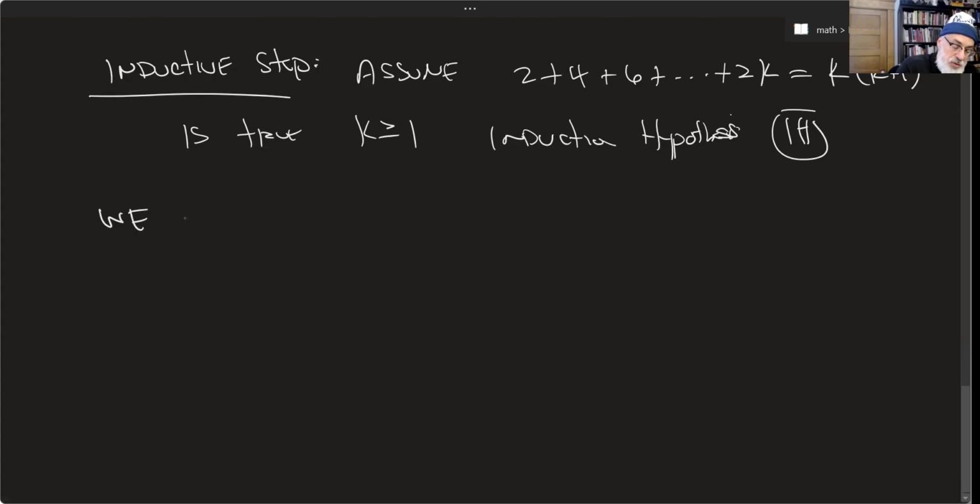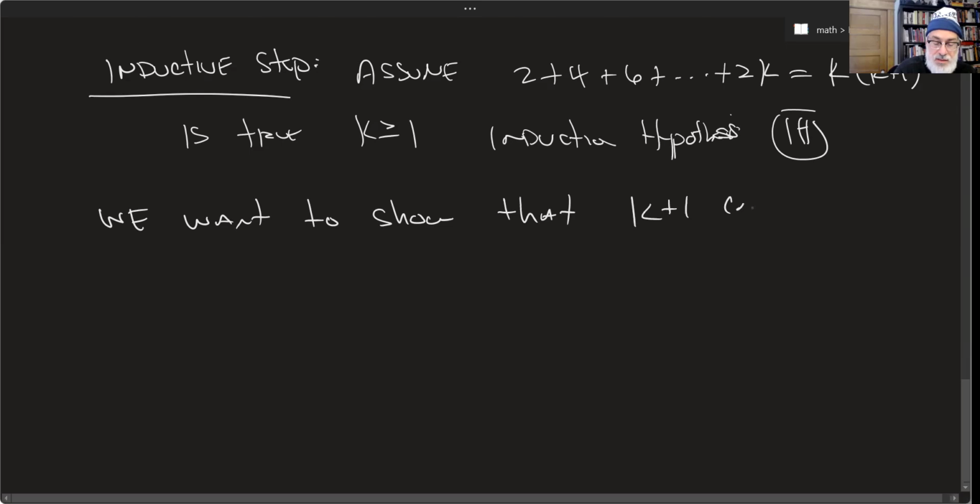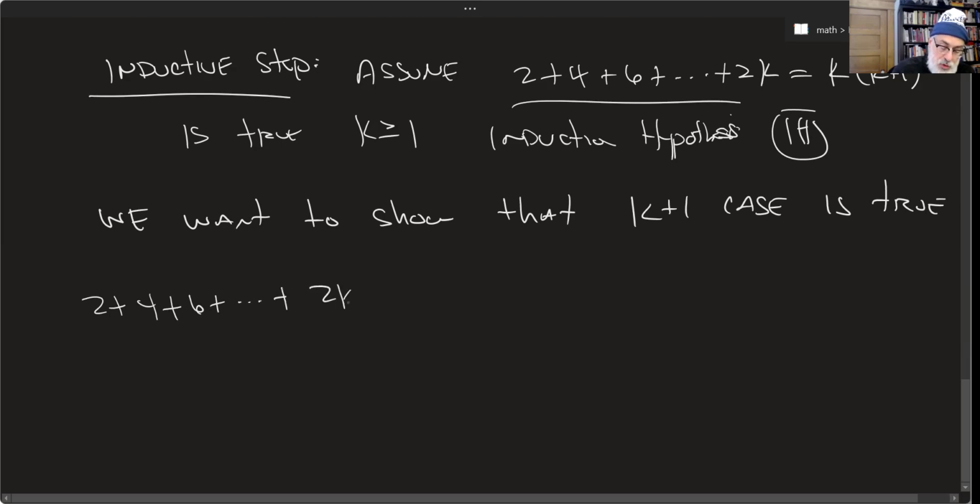So what do we want to do now? We want to show that the k plus 1 case is true. Meaning, if I take the left-hand side here and I add another term, so say 2k plus 2k plus 1, I want to show that that's going to be equal to the next case on the right-hand side.